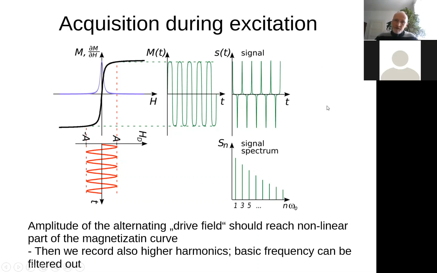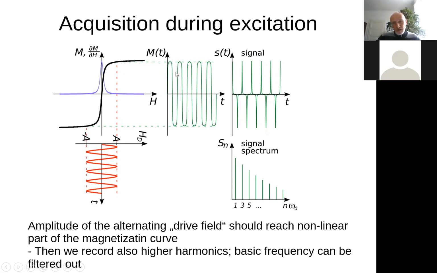But if we take this signal in time and look at the frequencies, which means perform a Fourier transform to see all the frequencies which are available here, then we obtain the signal spectrum, which contains, of course, the basic frequency, which corresponds to the frequency of excitation, the sinus frequency here.